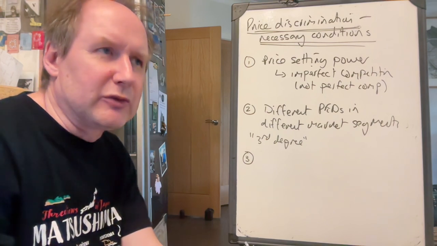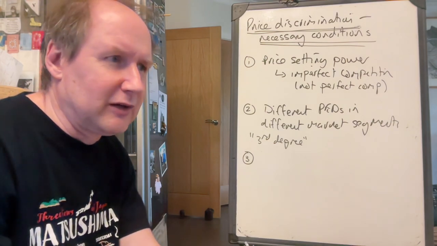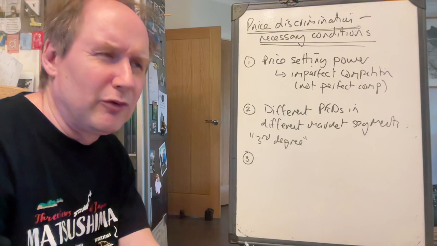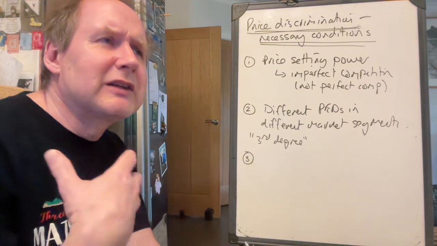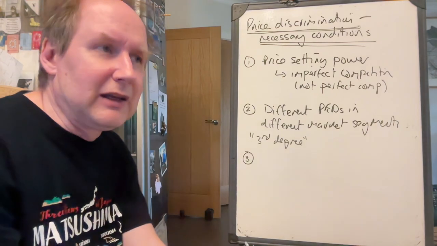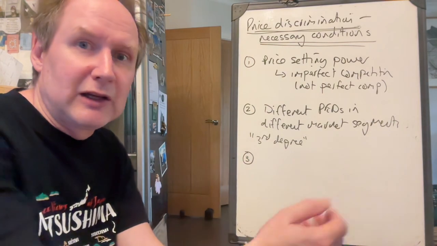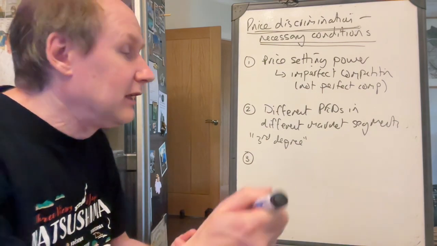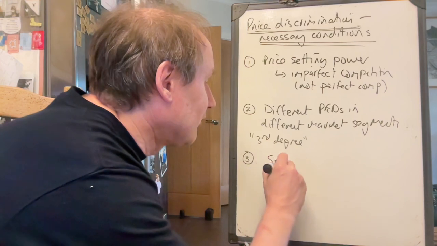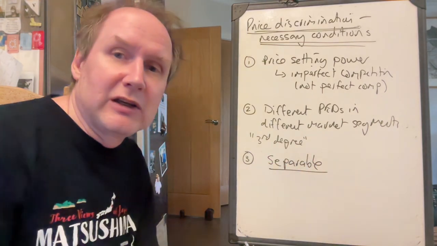Well, maybe girls will get very angry, but what's most likely to happen is they'll just go and get a bloke to buy it, or if it was the price the other way around, as a bloke, I'd get a girl to buy it. All that's going to happen is that everybody will buy in the cheap market and then just resell the product to the other target group, and therefore it has to be the case that the two market segments are separable, that we can keep them apart.